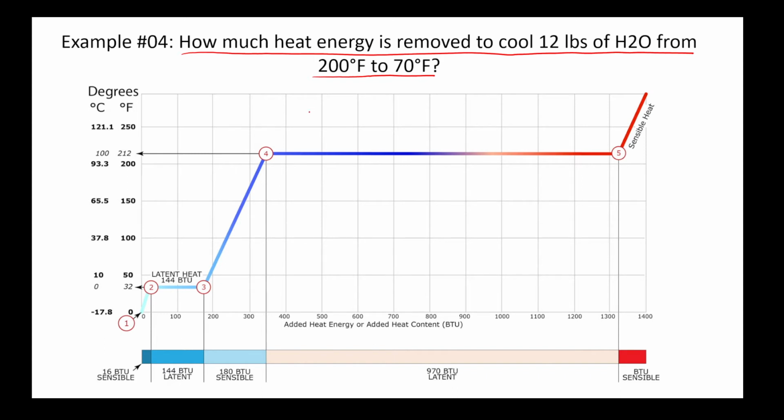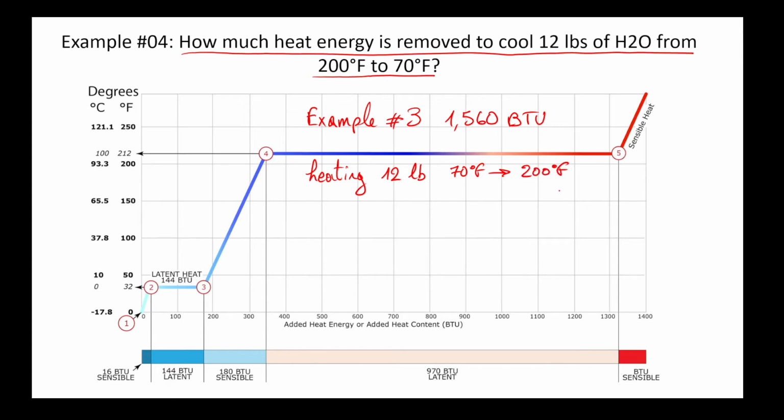If you remember, example number 3, which required 1,560 BTUs, was about heating 12 pounds of H2O from 70 degrees Fahrenheit to 200 degrees Fahrenheit.